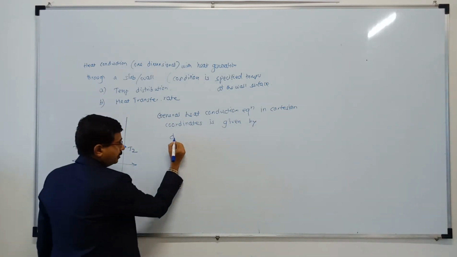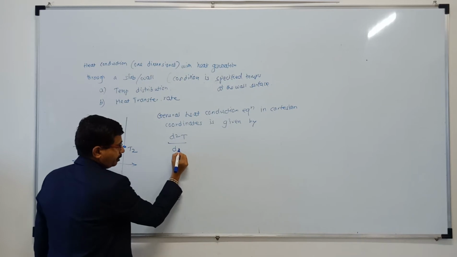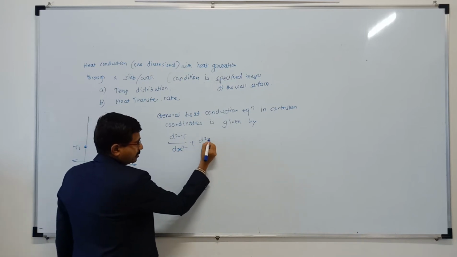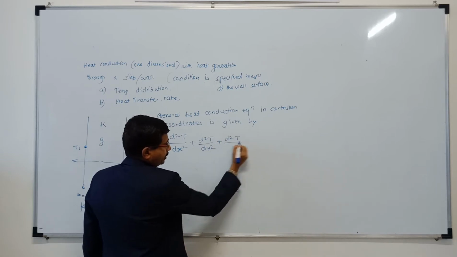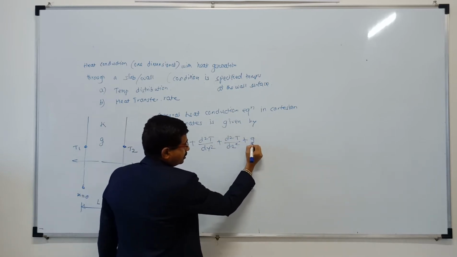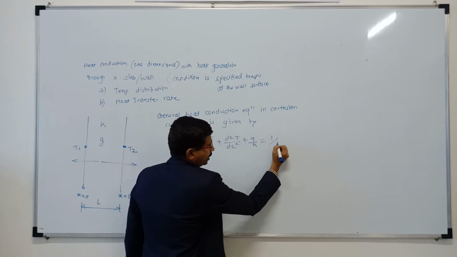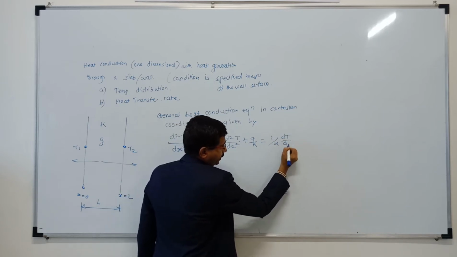It is d square T by dx square plus d square T by dy square plus d square T by dz square plus G by k is equal to 1 upon alpha dT by dt.